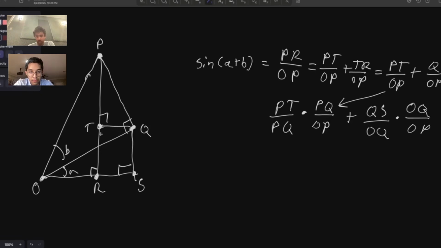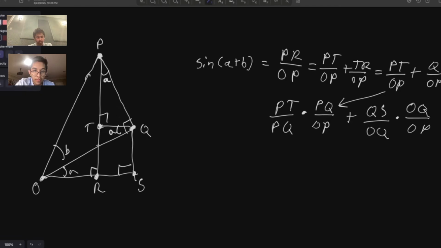Now, what I'll do is start filling in some angles so that you can see how this is starting to come together. This is the angle A because TQ is parallel to OS. And this is also the angle A because this angle A is in this right triangle, right?